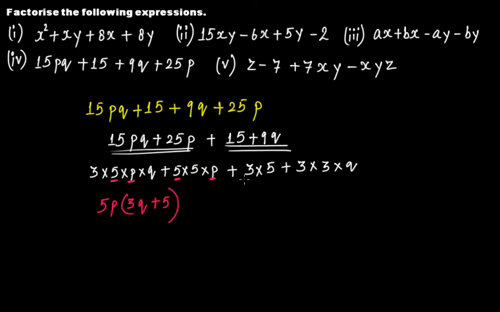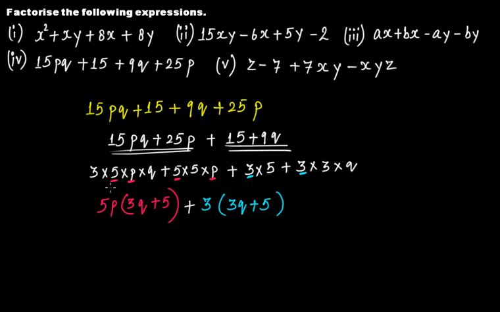Okay, now in these two terms you have 3 here and 3 here, that's it. So take the factor 3 common outside, inside you have 5 plus 3q, right? Now we can write 5 plus 3q as 3q plus 5 because we want this factor to look alike.